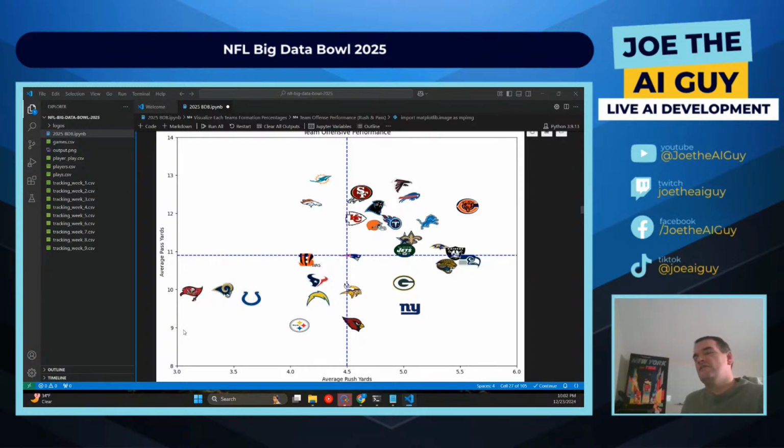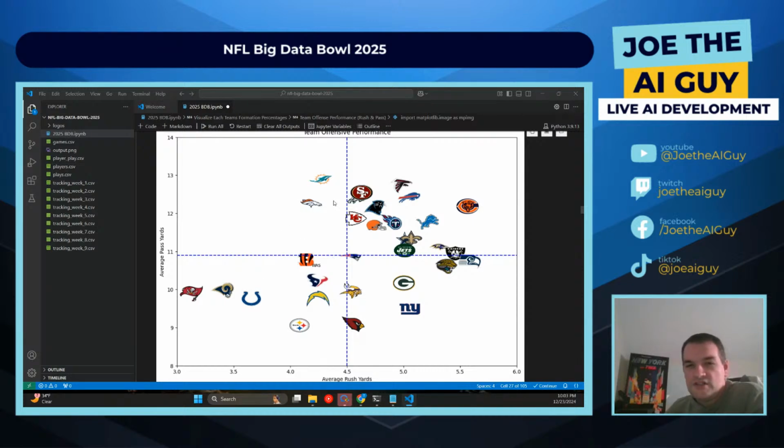Now, a lot of times in the NFL, these two are highly linked to one another. So the better you are on rushing, you'll also be better on average. That's why you see everything grouped together on a diagonal going through here, rather than things being more horizontal.